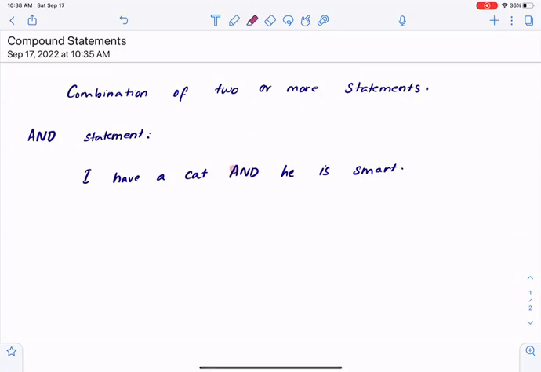So in grammar, we call this a conjunction. In math, this is logical and, denoted by that notation.